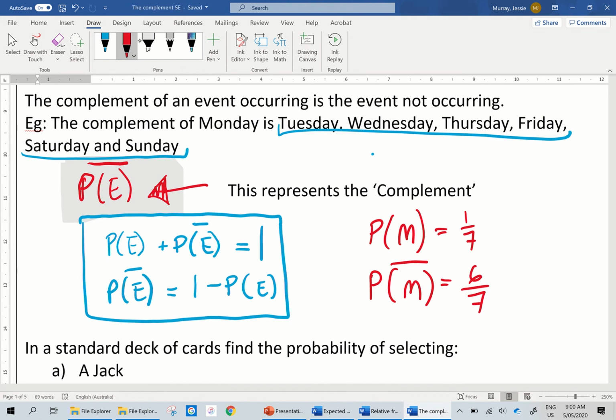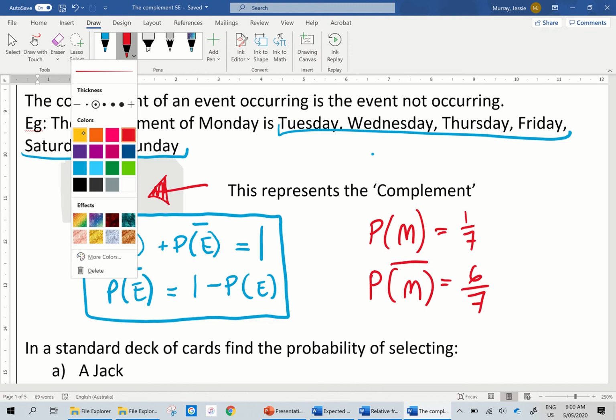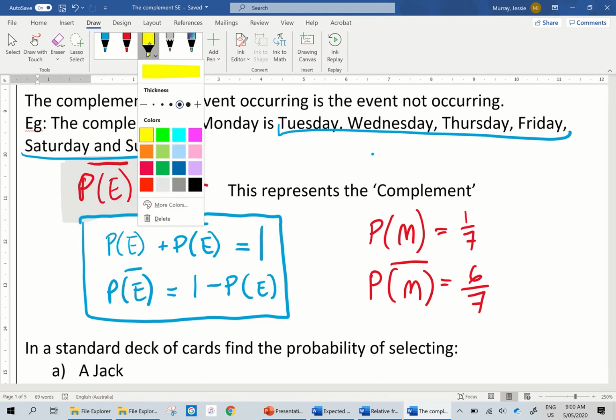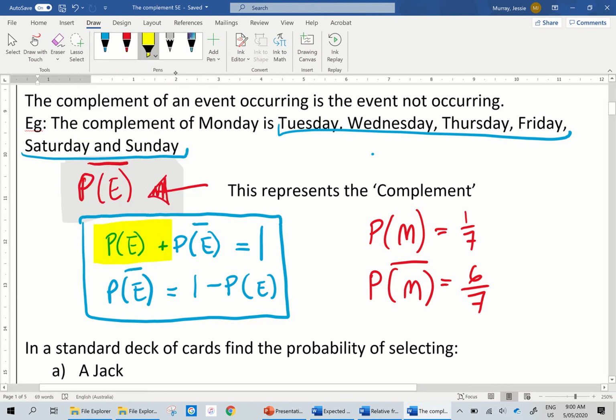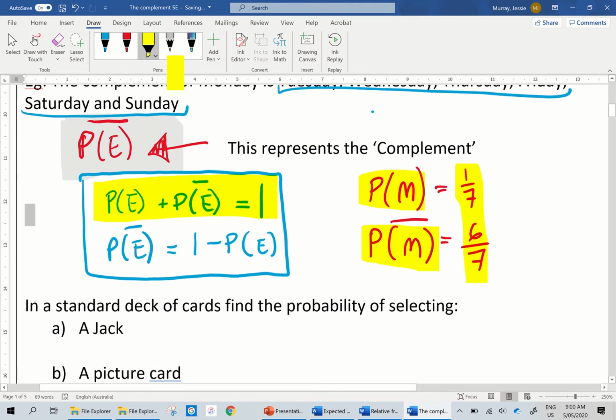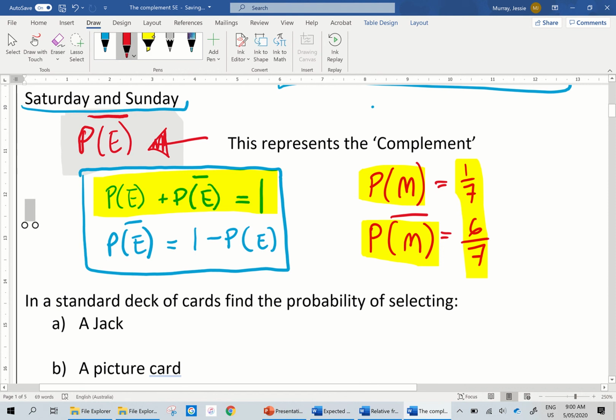Now, this first piece of information here just says that the probabilities together give a total of 1, right? Like we said, the probability of Monday and Monday not happening, they all add up together to give 1 whole. So if you do need to find the probability of the complement of an event, you can just subtract the probability of the event occurring off 1.